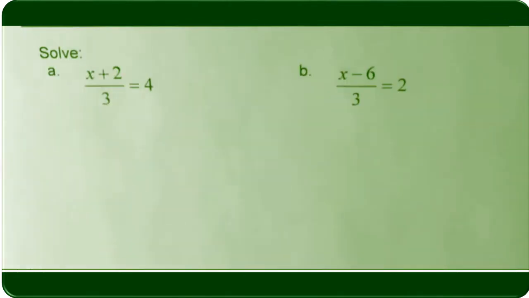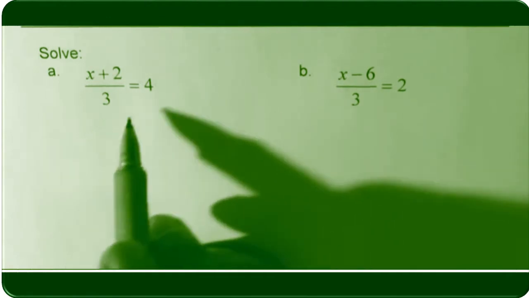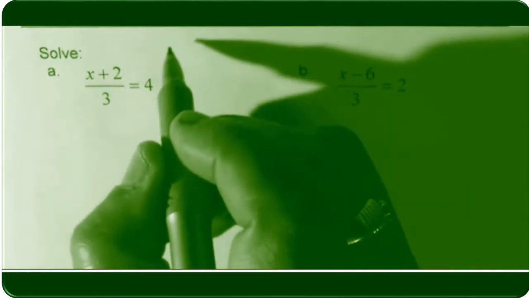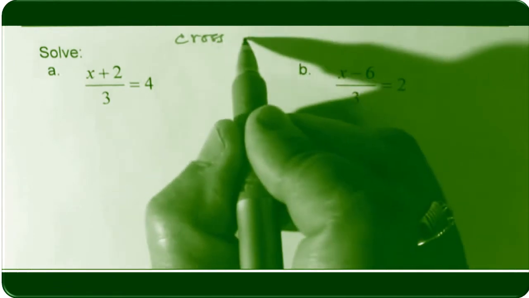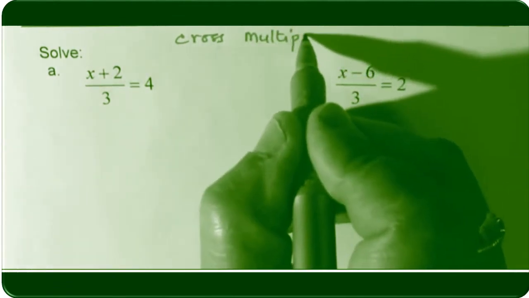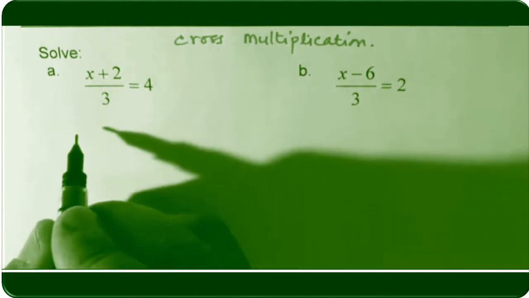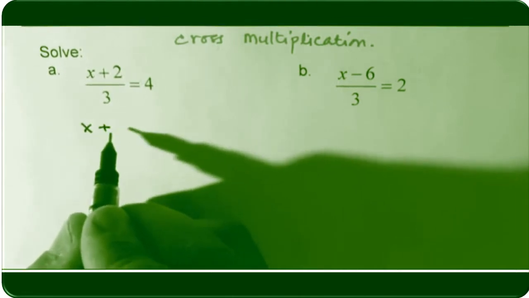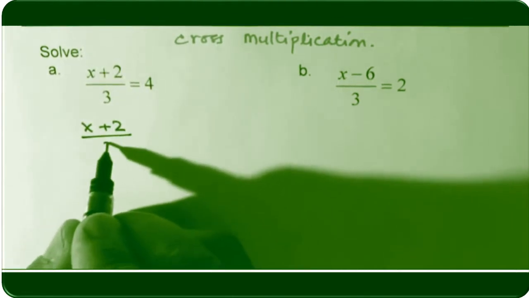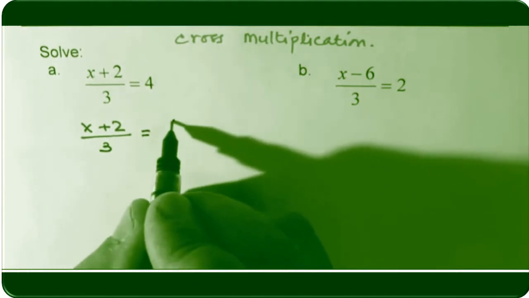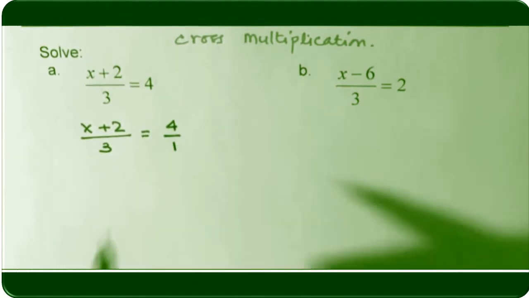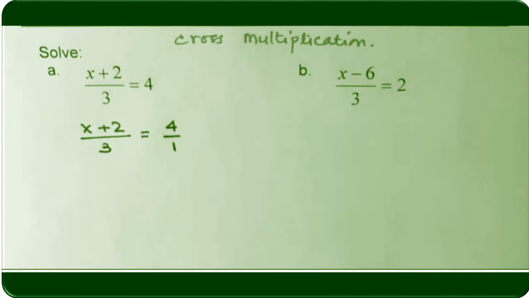So now let's apply the solution to all these questions and solve them one by one. In such a case, when could you do cross multiplication? Let us understand what we are trying to do. Think like this. We have our equation as x plus 2 over 3 equals 4 over nothing, so think we have 1 here.